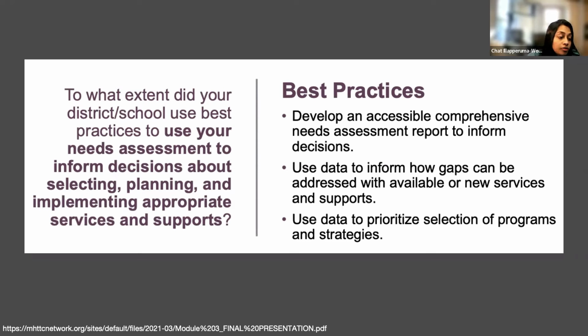So in that case, if you do have to make a decision, prioritize the most pressing needs, and prioritize if you want to do that within a school building or within a school district. Again, you have to sit as a team and decide the way that is best supported for your school.